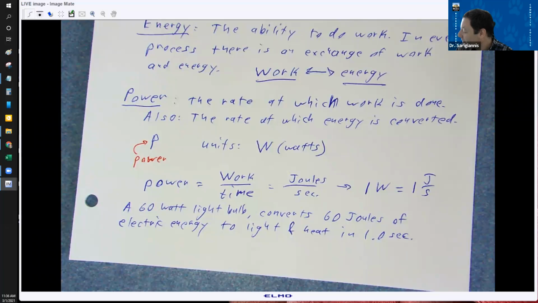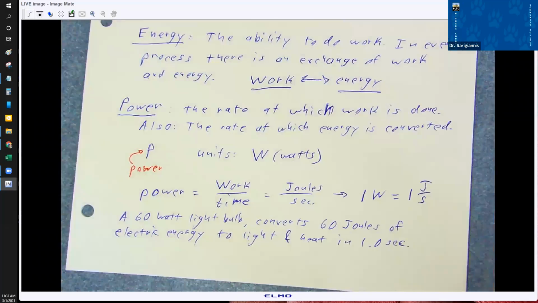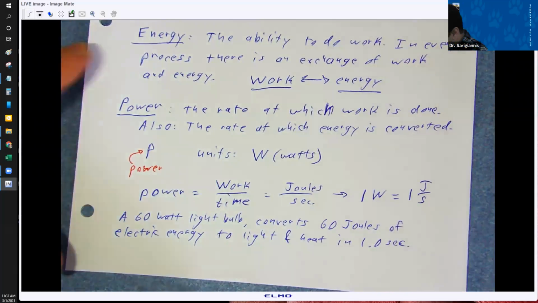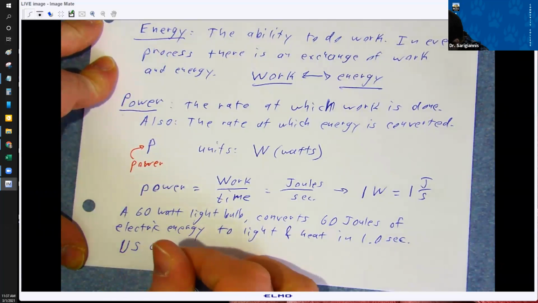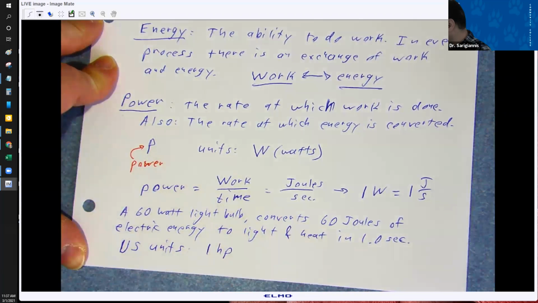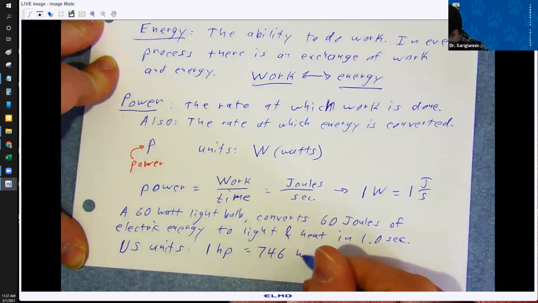An aside here. Let me see what my next page looks like. Oh yeah, I'm supposed to do the examples. Well, let's say US units: 1 horsepower is 746 watts.